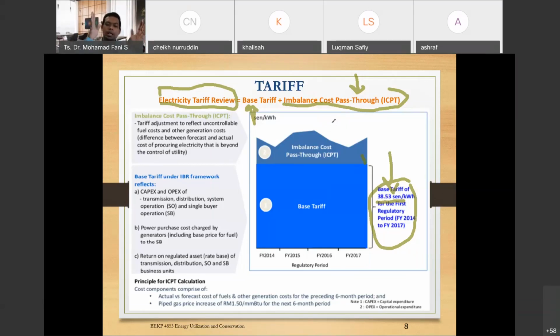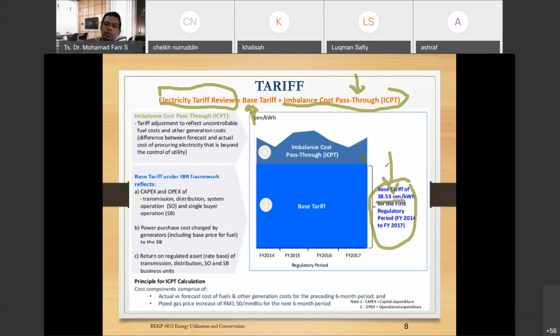For example, they can measure the performance of the last 6 months. If the price for the coal is lower than the forecasting one, they can set the ICPT to be reimbursed or discharged to the consumer bill, with the proper price per kilowatt, for example 0.02 cent per kilowatt.